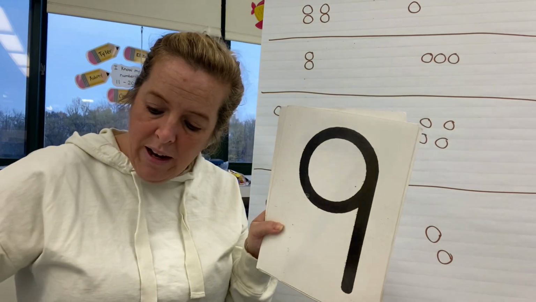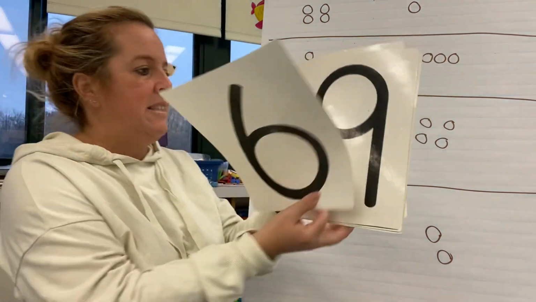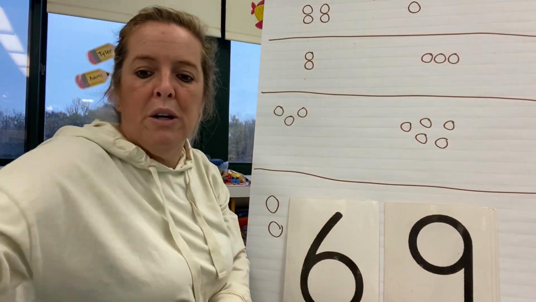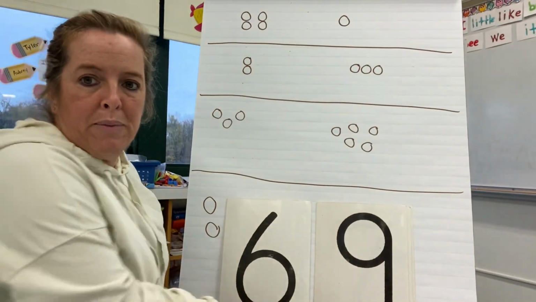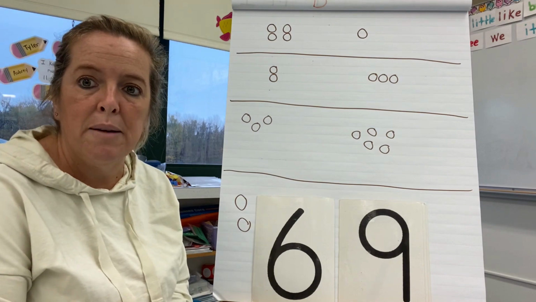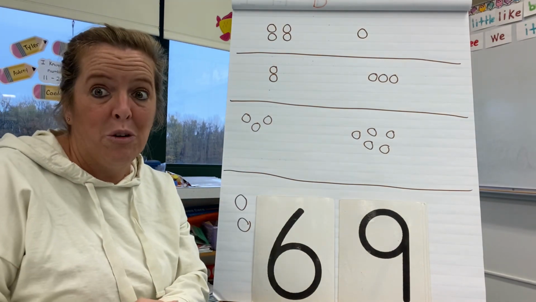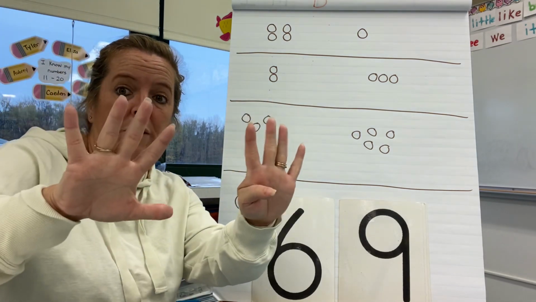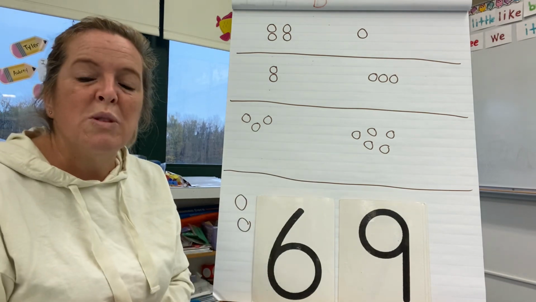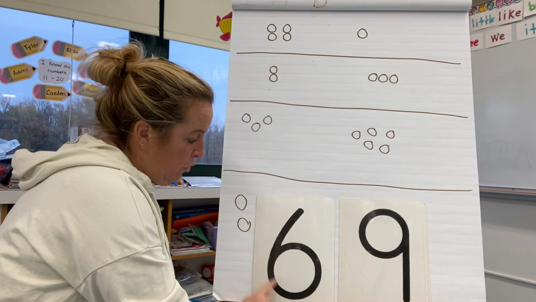The ones, my friends, sometimes are confusing are 6s and 9s. So I say, look at the two numbers. Let me back this up a little bit. This is what they're having trouble with. So I try to tell them a 6-year-old is littler than a 9-year-old, right? 9 needs more fingers. They're bigger, 9. 6 only needs this much. So 6 is littler, so the bubble is down below, a loop and a hoop.